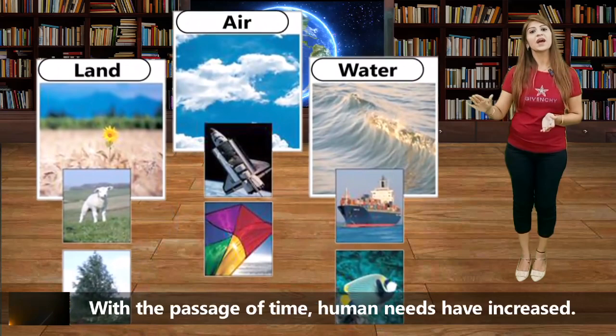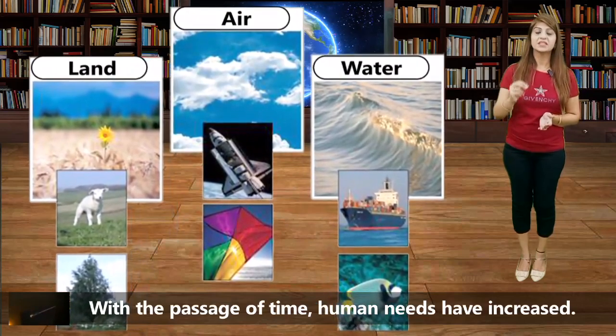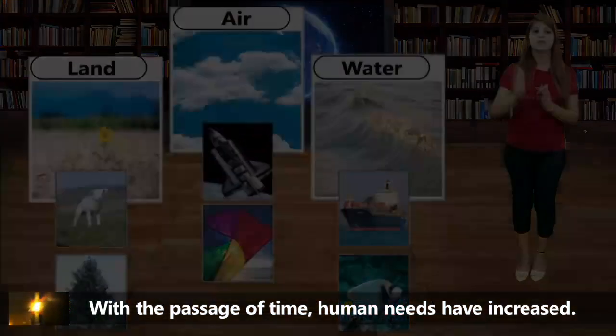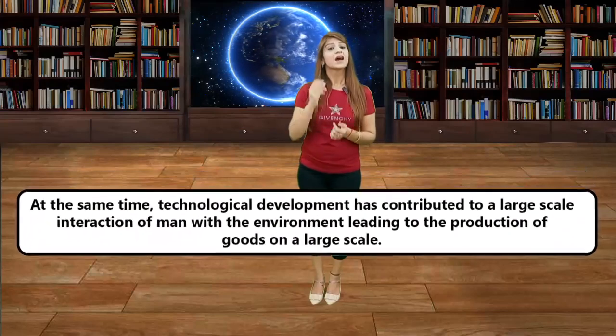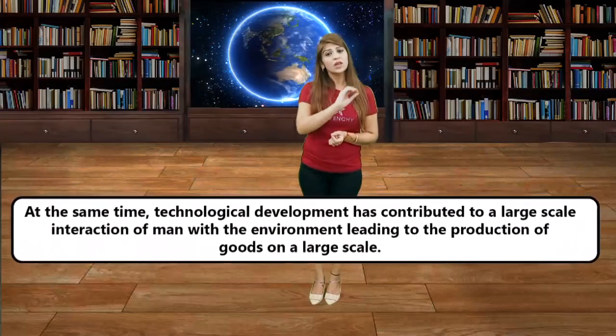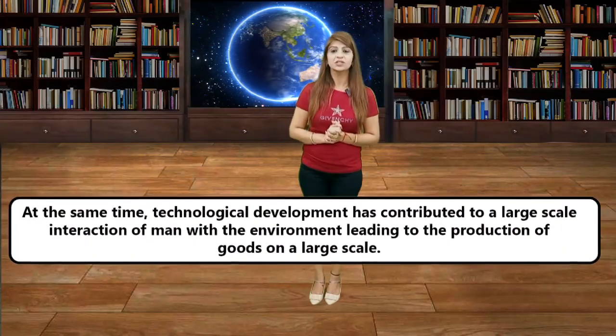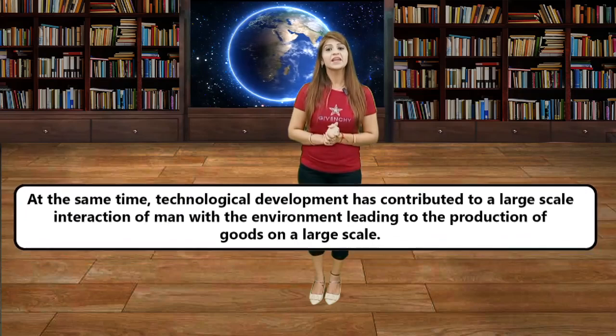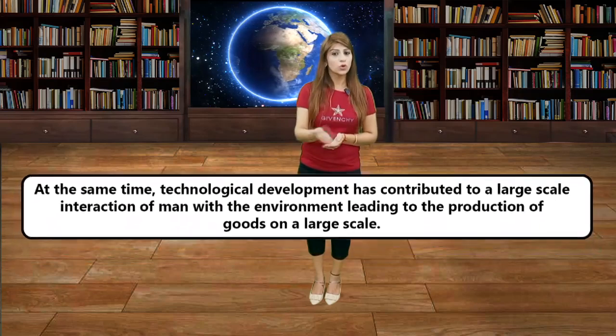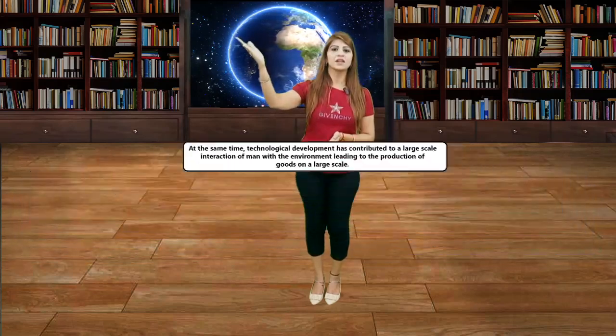Natural resources are utilized by man to fulfill his needs. With the passage of time, human needs have increased. At the same time, technological development has contributed to a large-scale interaction of man with the environment, leading to the production of goods on a large scale.